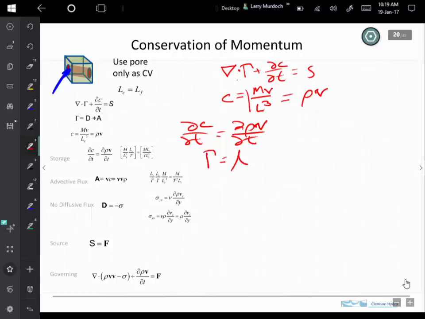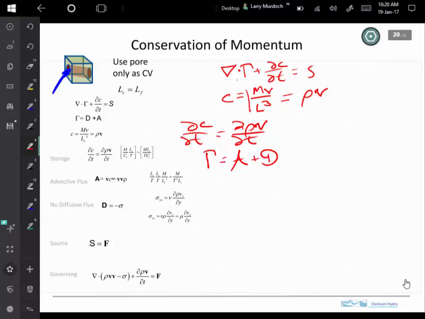That's got advection and diffusion. So we've got advection and diffusion of momentum. In this case, we'll have both of those things.